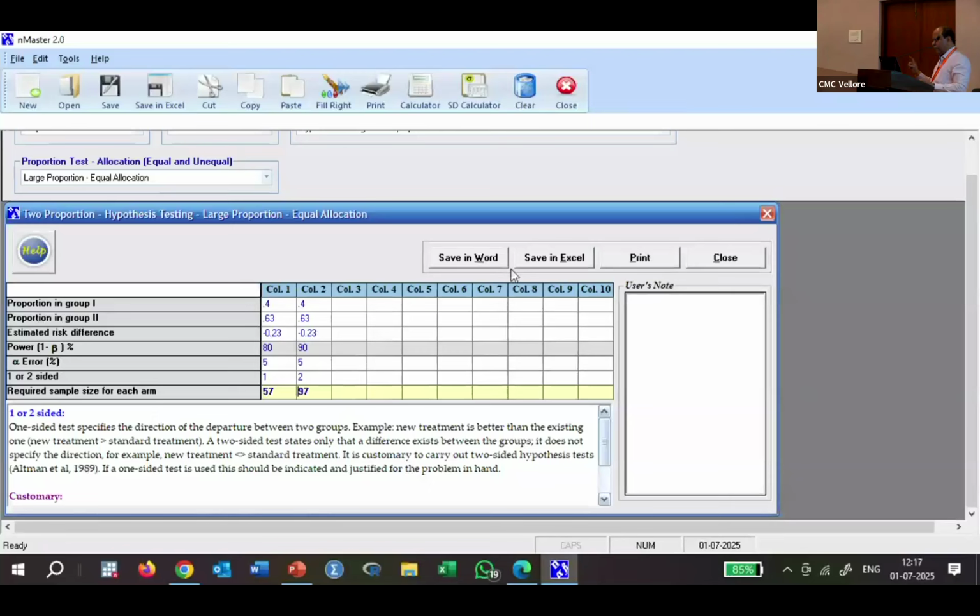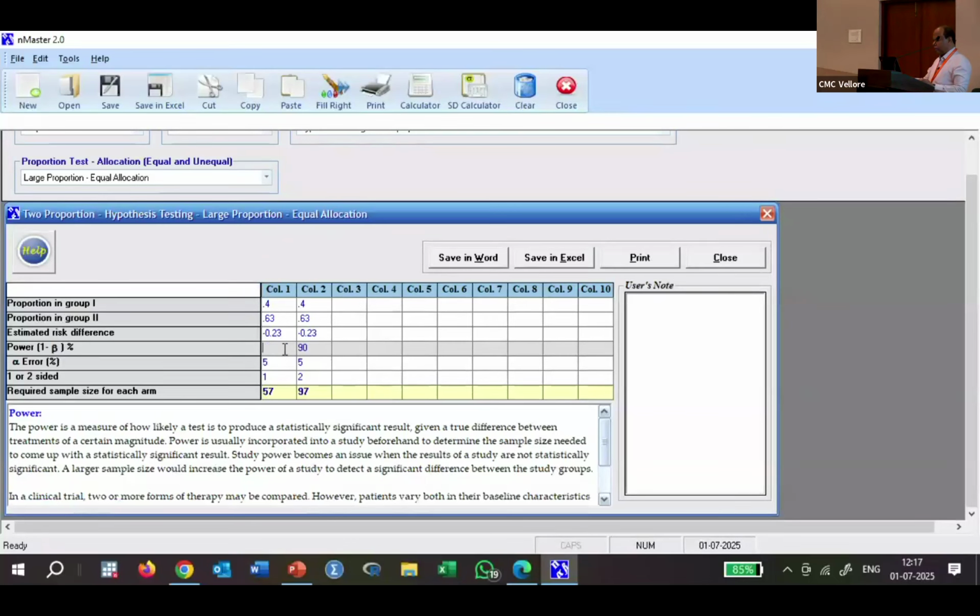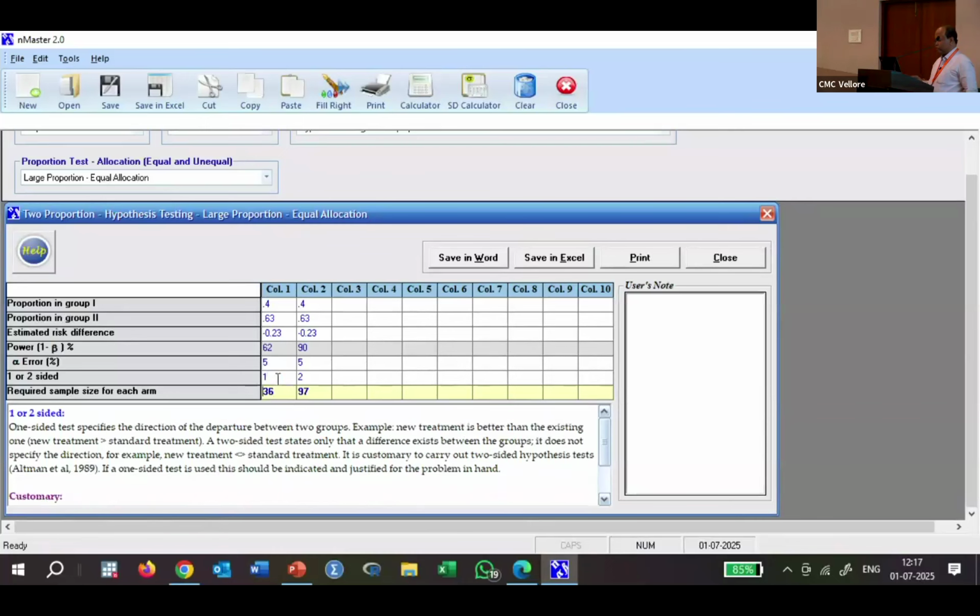Now the question is, I wanted to calculate the power because I don't know the existing data. The number studied is 35 in each arm. I wanted to calculate the power. With 35 in each arm, 5% alpha error, two-sided test, the power is 62%.